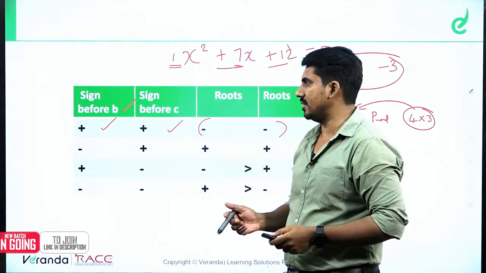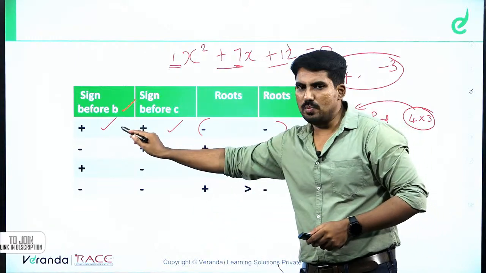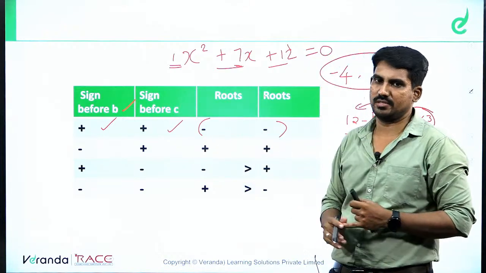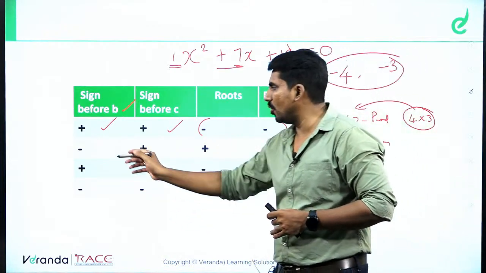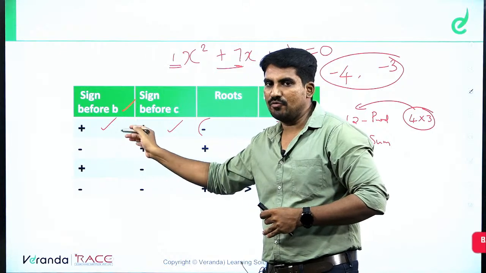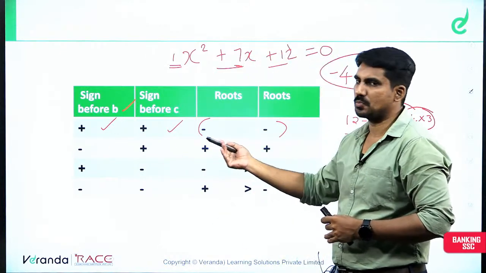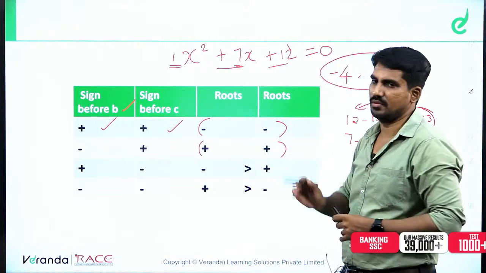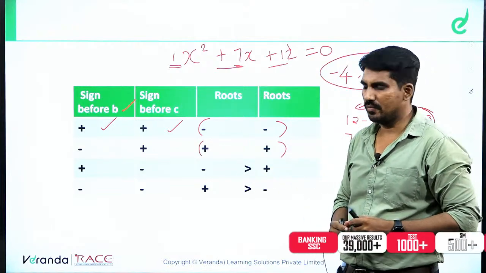Now, only one table. How we can study the table is, listen: before b plus, before c plus means two roots are minus, right? Then before b minus, before c plus, given minus plus, means both roots are positive, right?